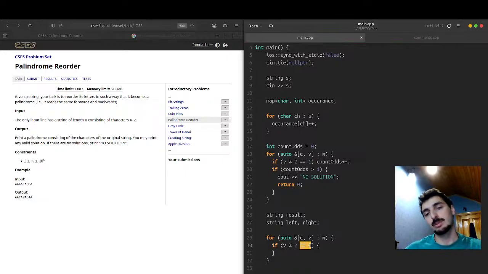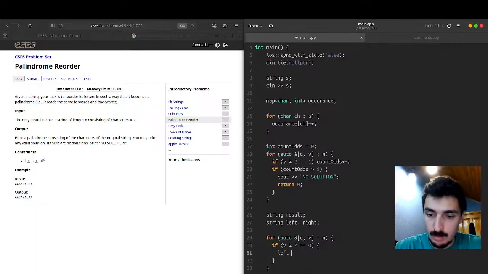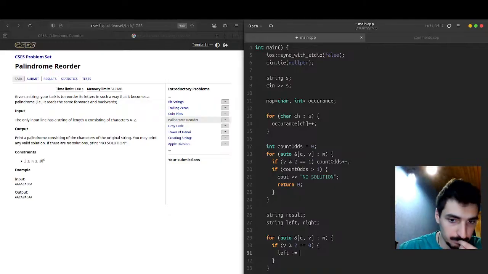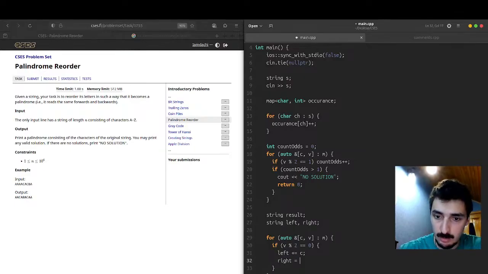If that equals to 0, basically, left is like, let's push back the C, and right equals to C plus right.